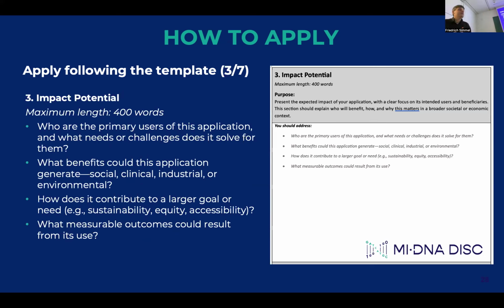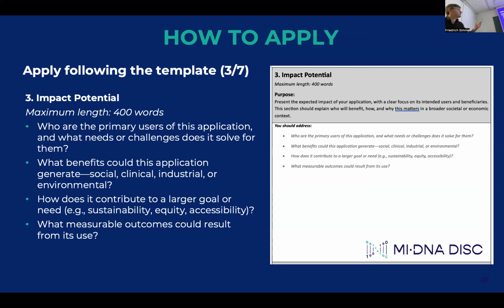Impact. This is another part that is quite important, with no more than 400 words. The impact is how your idea exactly impacts real life. So who are the primary users of this application and what needs or challenges does it solve? What benefit can it create? Social benefit, clinical benefit, industrial benefit.